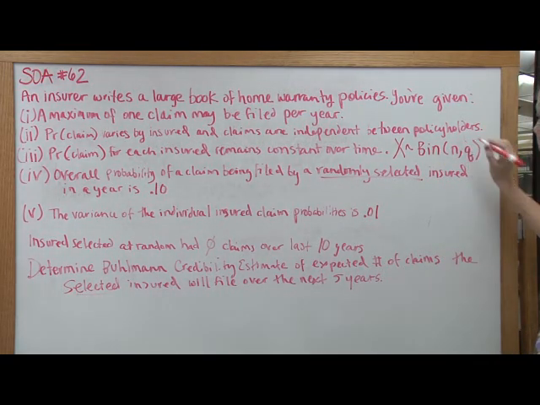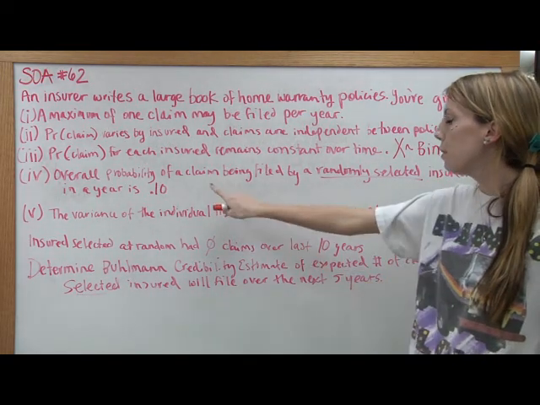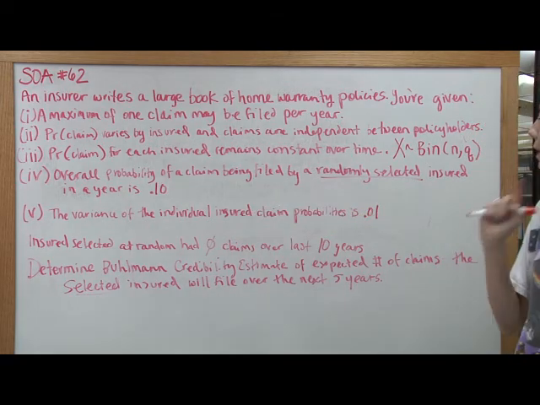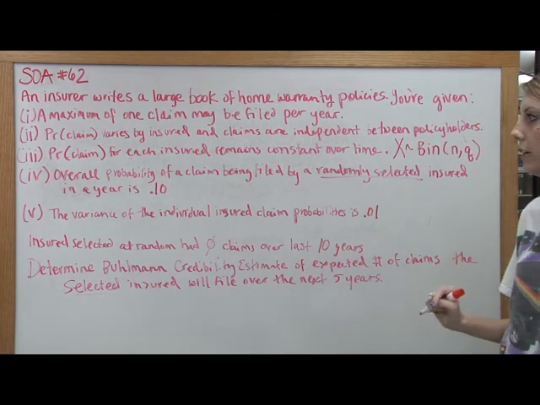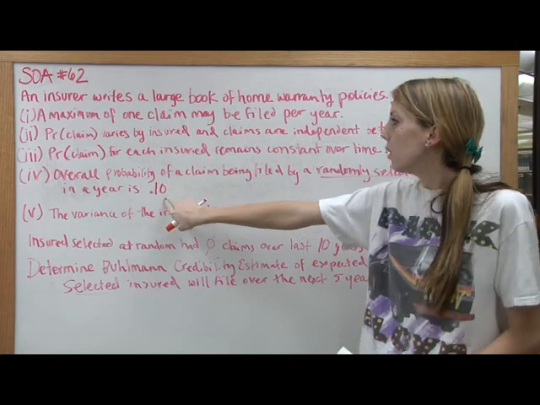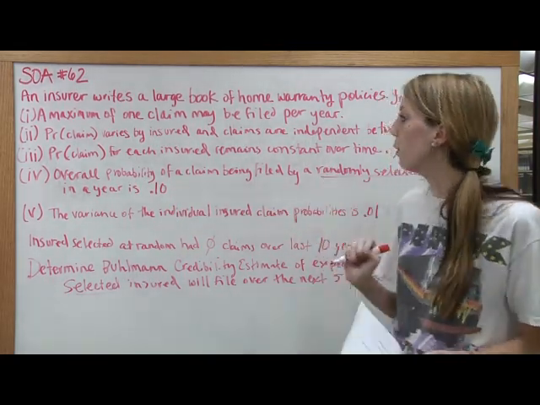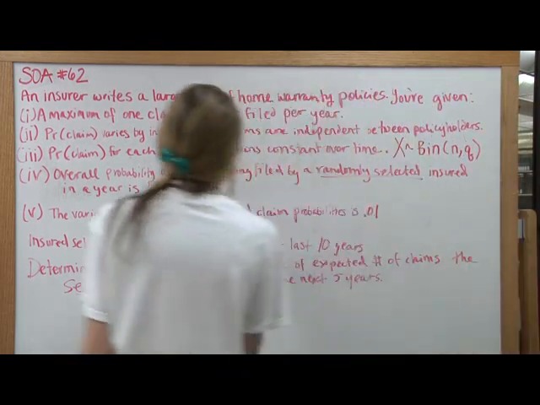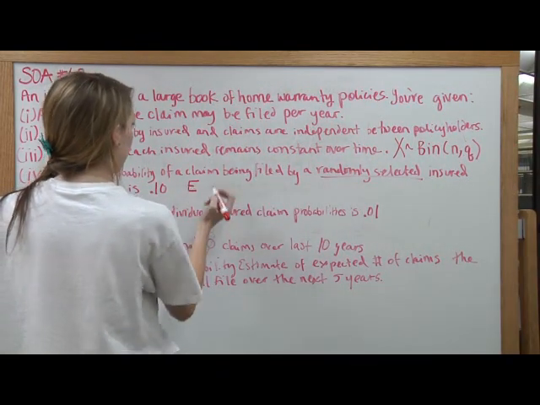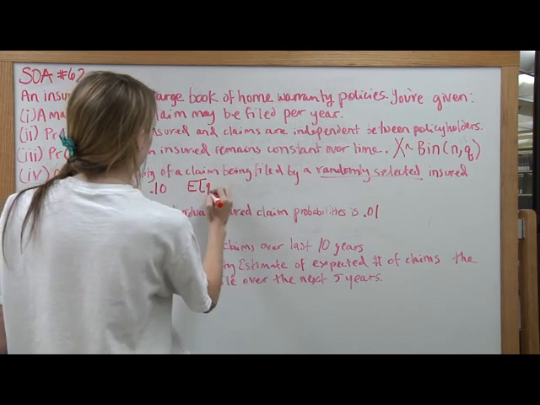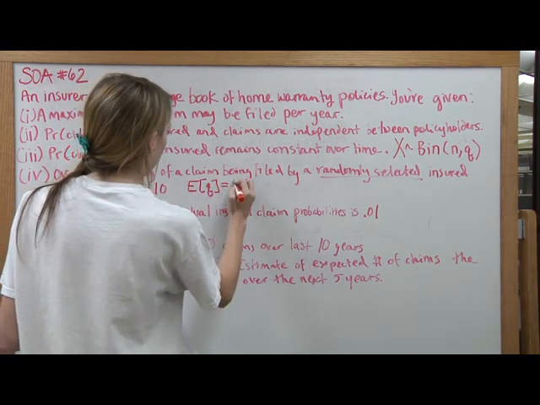is equal to 1. Now, the overall probability of a claim being filed by a randomly selected insured in a year is 0.1. So that is the overall Q that we're looking for, and the expected value of Q is 0.1.